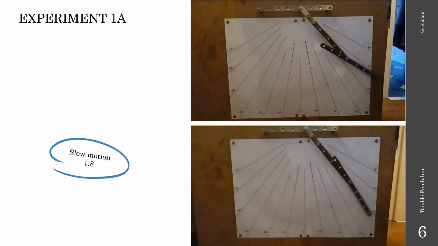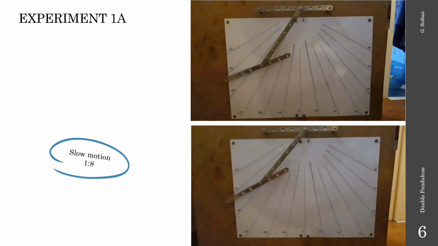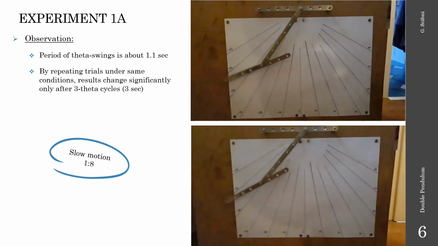Moreover, we observe that the trials are repetitive for a short while, let's say for about 3 cycles, and soon after they are not. The motion of the two bars diverge.